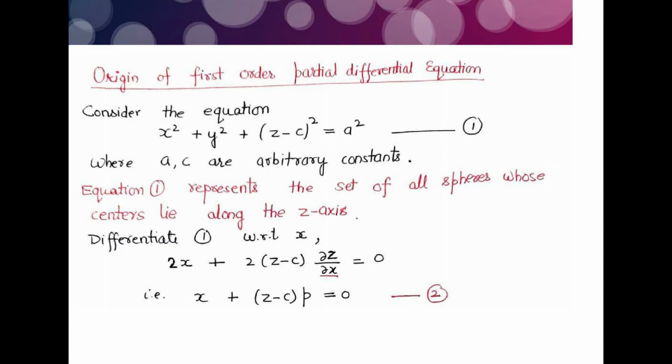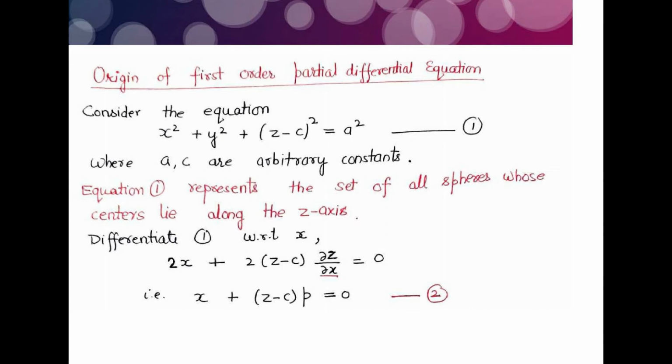So start with the first one, equation number 1, x square plus y square plus (z minus c) whole square equal to a square. A and c are arbitrary constants. So this equation 1 represents the set of all spheres whose centers lie along the z-axis.